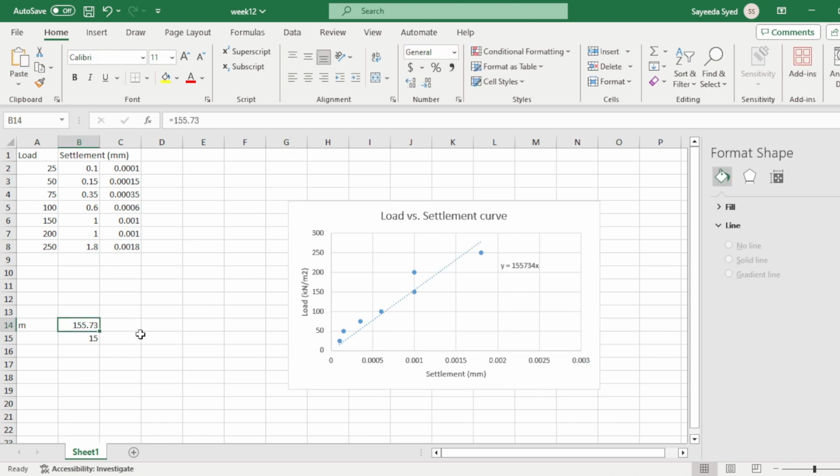We can write 1.5 into 10 to power 5 kilonewton per meter square. Kilonewton per meter cube.